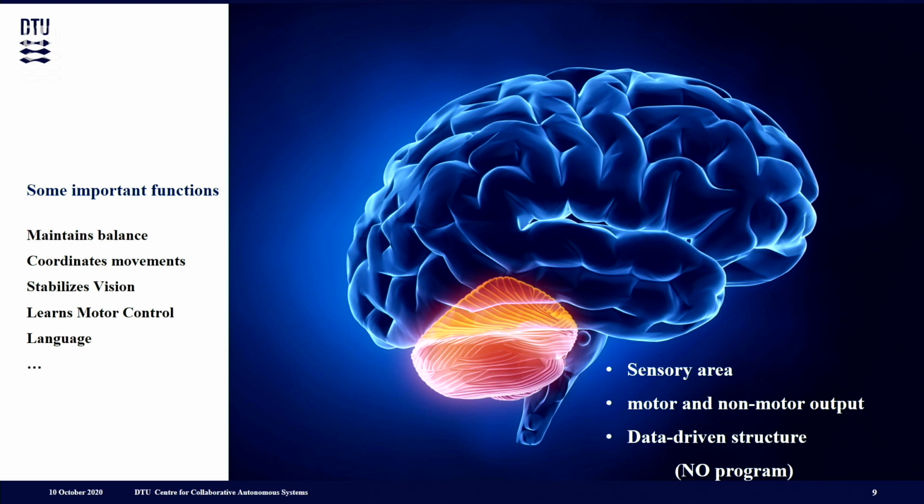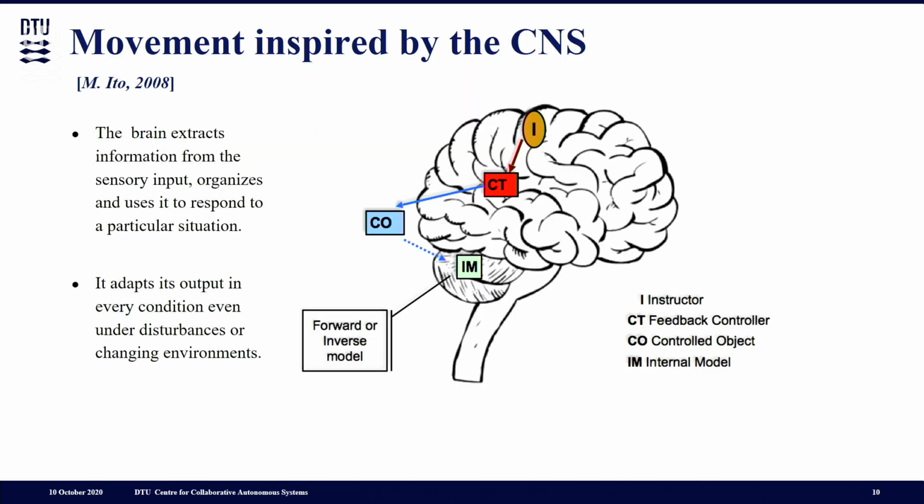And how? By creating maps. So the brain takes all the sensory information and constructs maps, and those maps are used to accurately and precisely perform the movements. Those maps are called internal models, and there are different types of them.